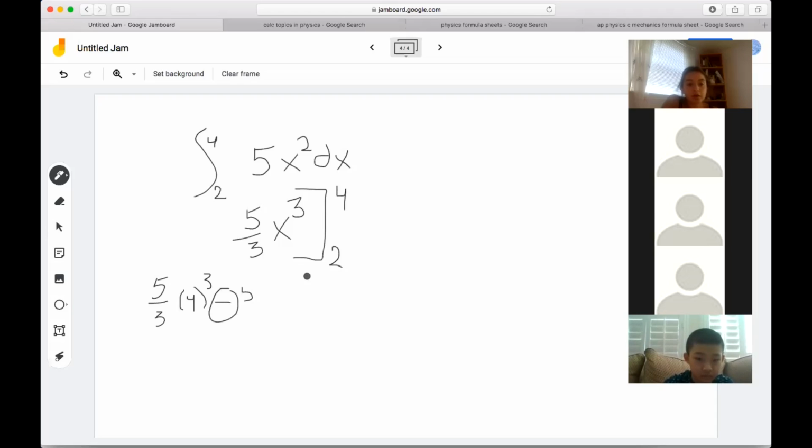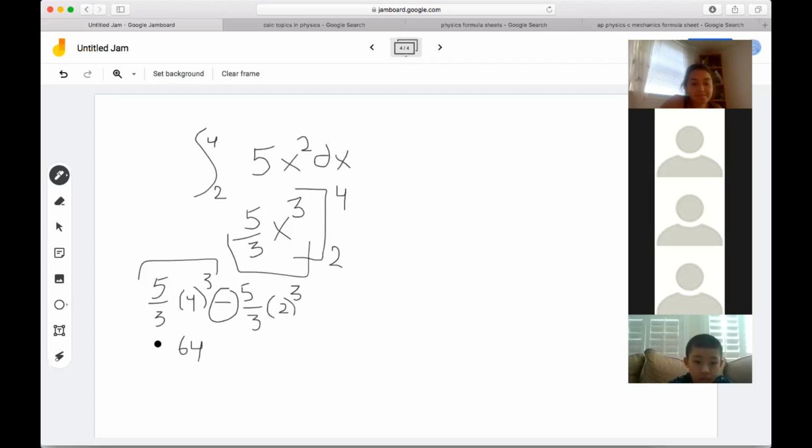So this is the first term, and then the next term is the next number, which was 4 and now is 2. Now you just solve this out. 4 cubed is 4 times 4 is 16, times 4 is 64, so it'll be 64 times 5/3.